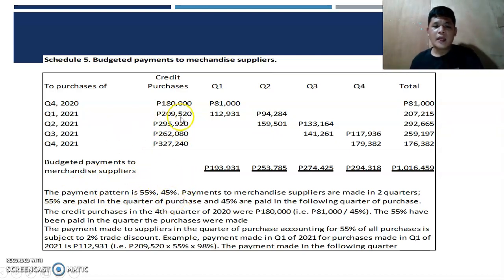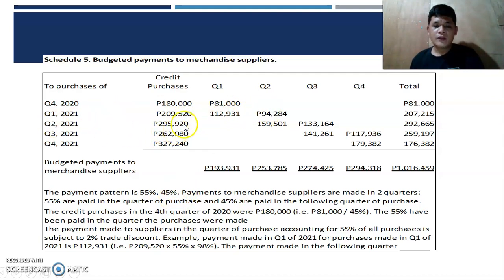So, itong 209, hindi babayaran ng buo ng quarter 1. So, i-spread natin. 209,520 multiplied by 55%, kaya naging 112,931. And then, yung 45% ng 209,520 sa quarter 2 pa natin babayaran. So, kaya 209,520 times 45%.